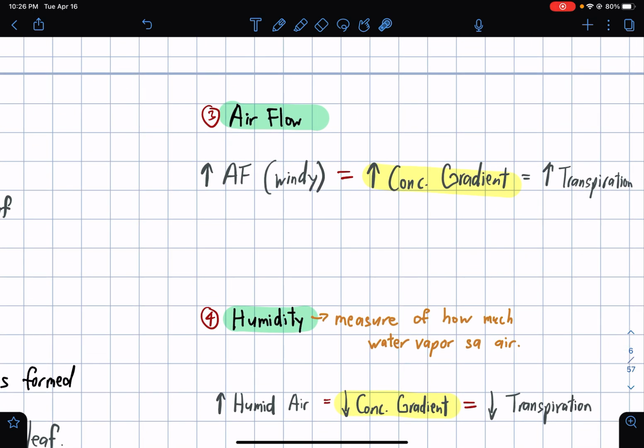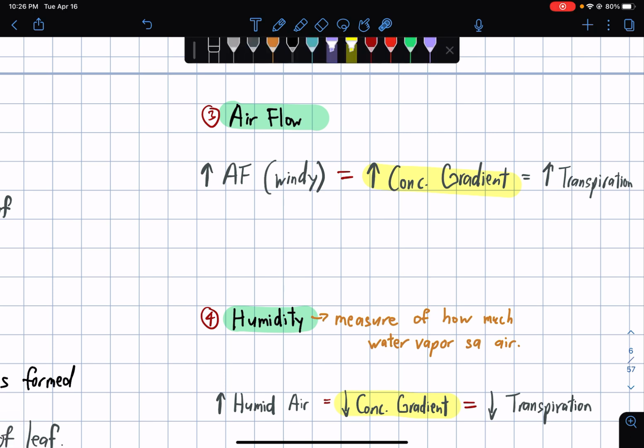The windier it is, of course, the water vapor from outside, from the environment of the plant, is relatively low, like the vapor level, compared to what's inside the plant, the xylem. The naturally established gradient from inside the xylem is very different from what's outside.